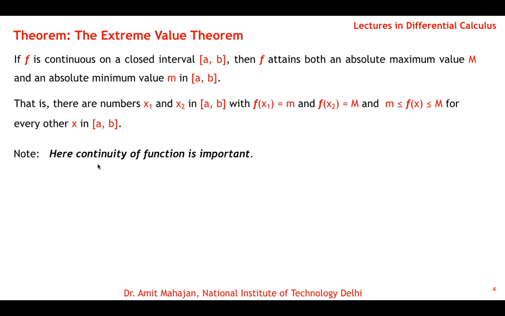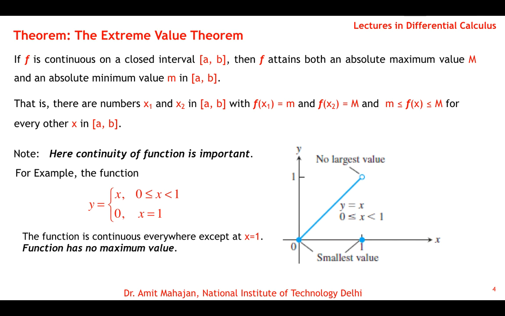I'll show you, for example, a function which is not continuous at x equals 1, so it will not have a maximum or minimum. In this particular case it does not have an absolute maximum. Here y is x for all x greater than or equal to 0 and strictly less than 1, and y is 0 when x is 1.